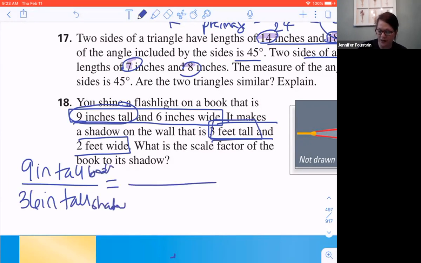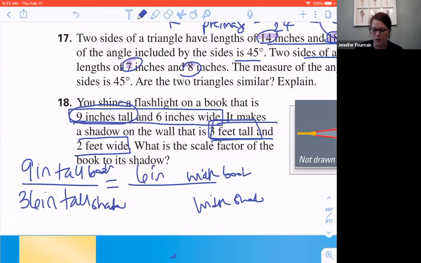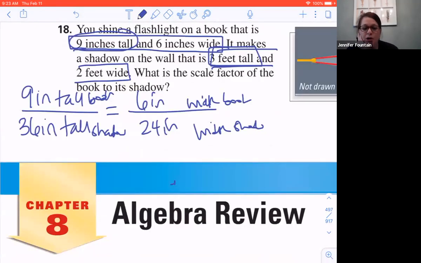So over here, I need to go the width of the book over the width of the shadow. Okay. So when I look at this, again, I can look at 6 inches wide, now over 2 feet. So I've got to look at that, and 2 feet is going to be 24 inches. So now I'm comparing. Now with both of those, see, there's nothing I'm trying to solve for here. I've got measurements for both of them. The question asked me, what is the scale factor of book to shadow?